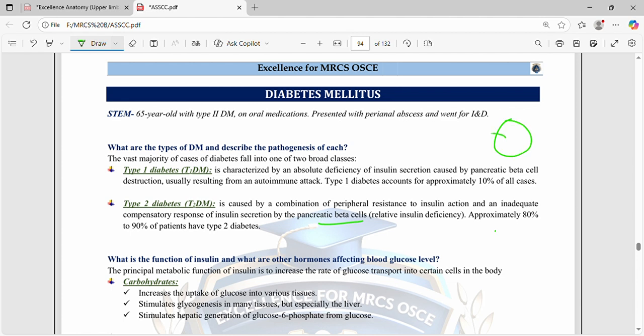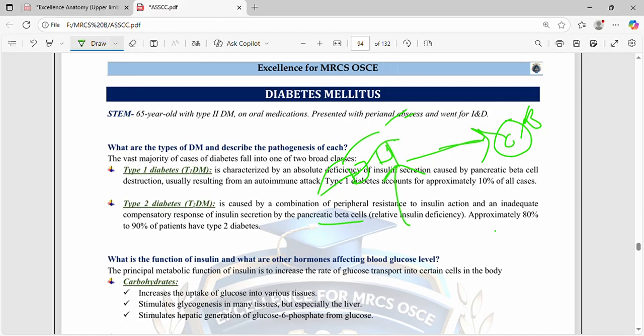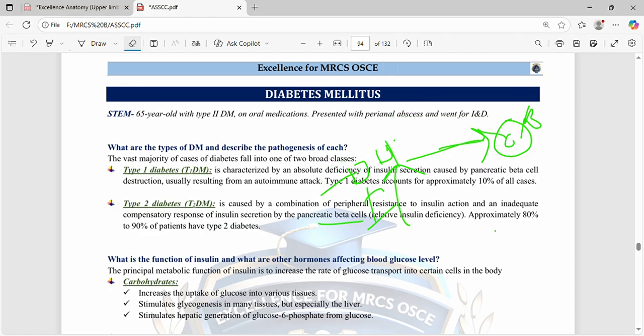The beta cells do not respond much to stimulation, plus there is peripheral resistance in the body: the insulin receptors do not respond to insulin action. Either there is enough insulin, but the body receptors do not respond to it.